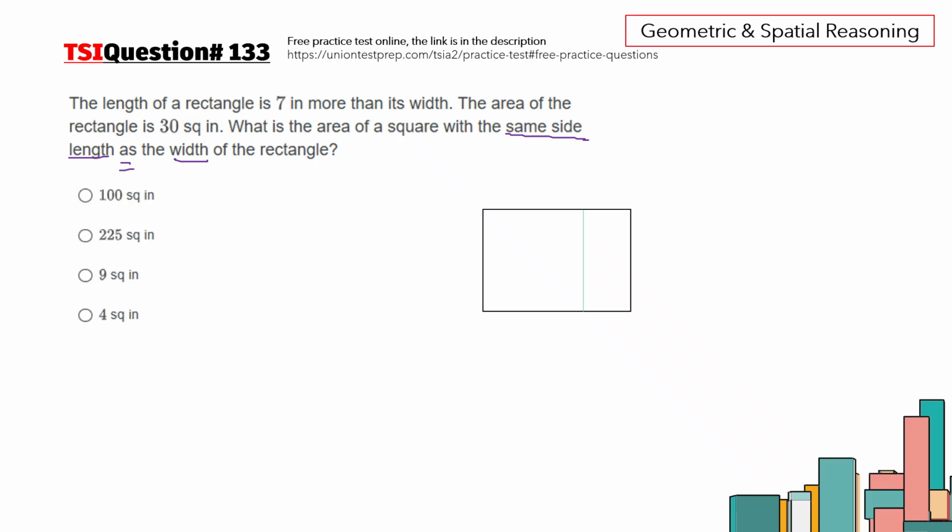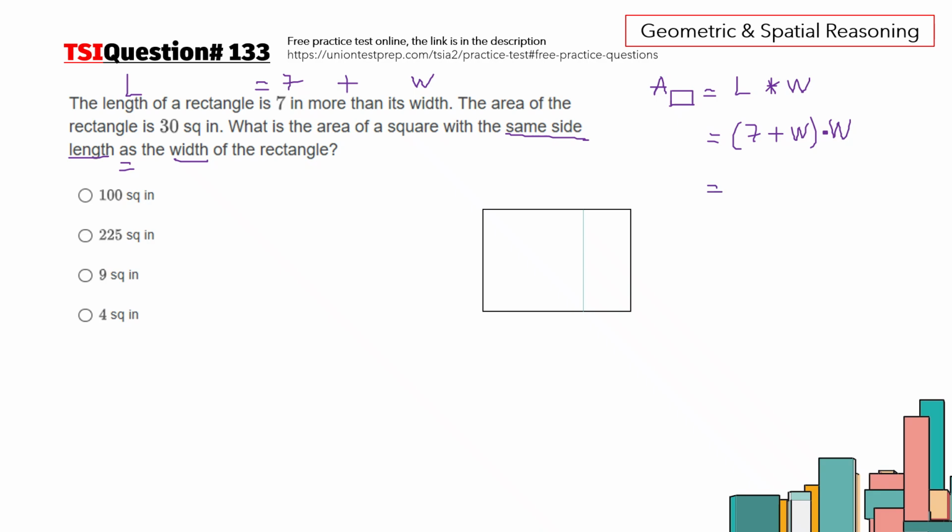Okay, so we have the length L is equal to 7 more than the width. The area of the rectangle is equal to length times width. That equals 7 plus W times W. So we simplify it by distributing.